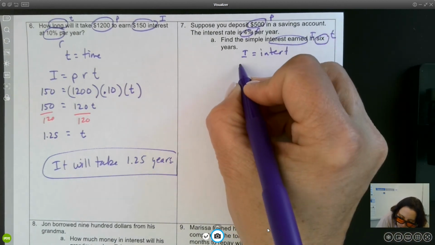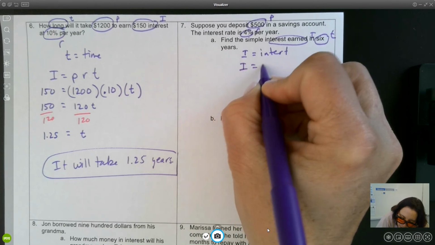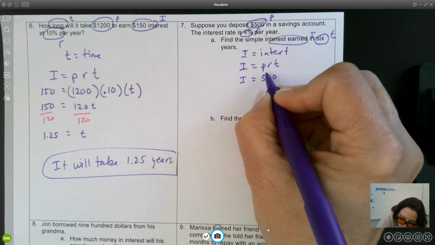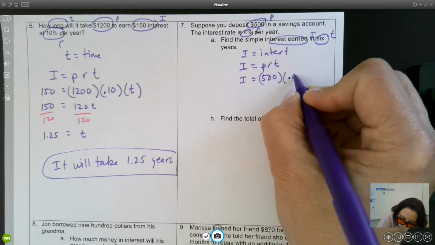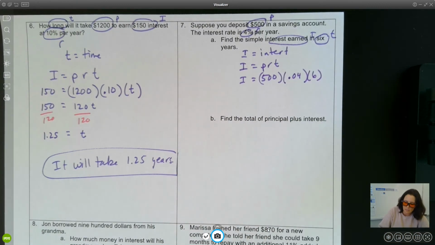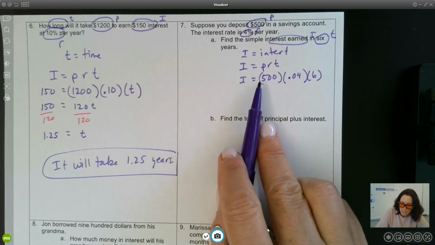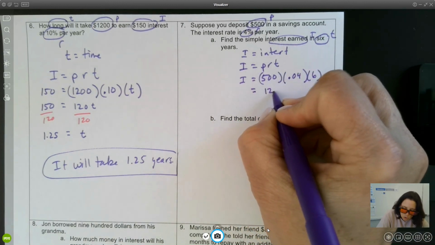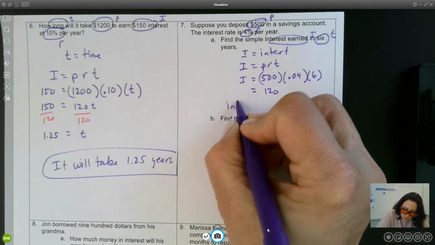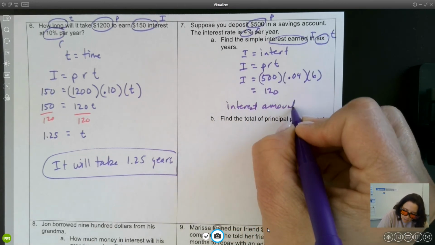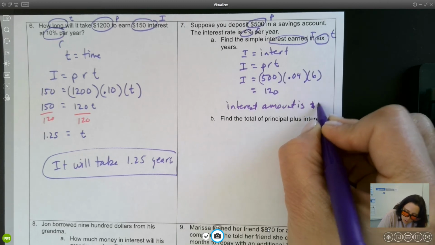Okay, so interest, we don't know. I equal PRT. To solve for I, you're going to multiply all these together. You get 120. So the interest amount is 120 bucks.